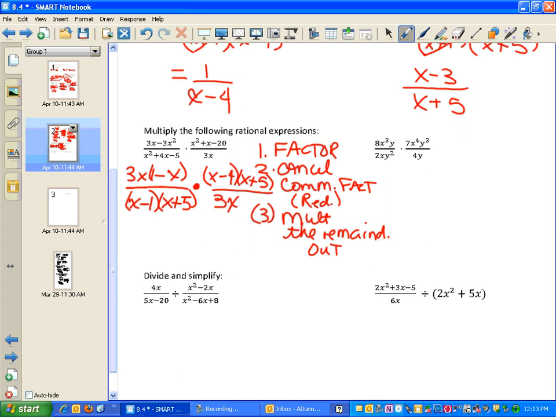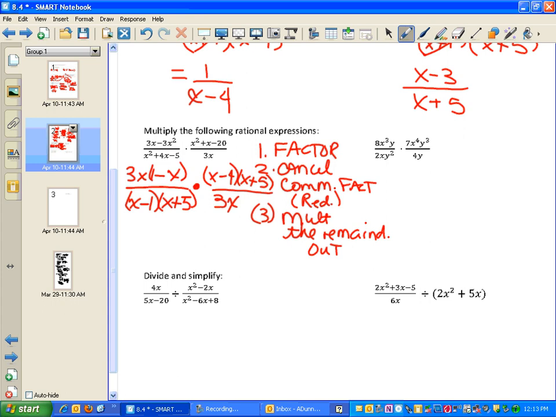Are they identical? No. We'll come back to that in a second, though.